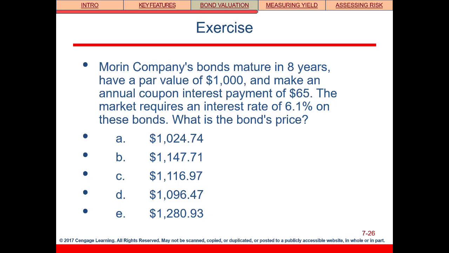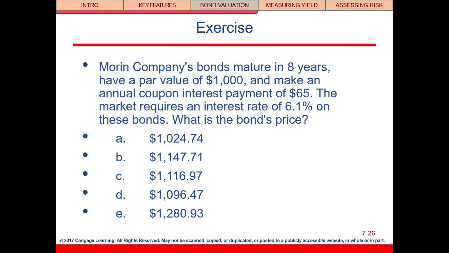Then we basically have to find all the other 4 inputs, right? So clearly the FV is going to be the par value, $1,000. And then the PMT here, he already told you the annual coupon interest payment is 65. So PMT is 65. N is 8, right? Matures in 8 years. And the market interest rate right now is 6.1 for this bond.